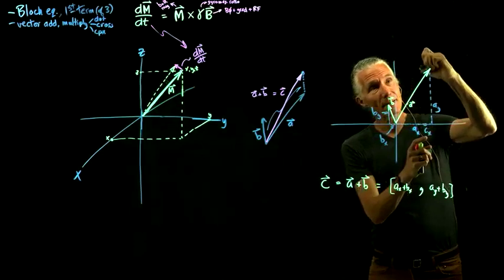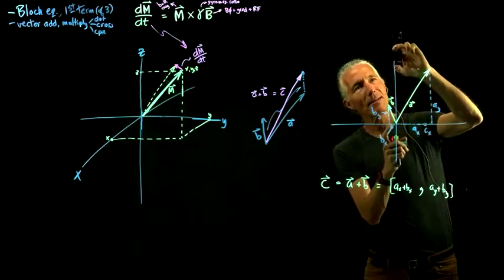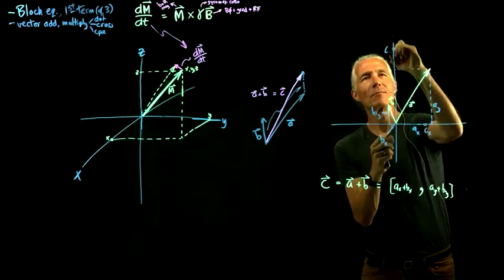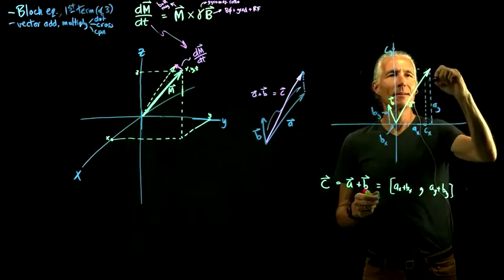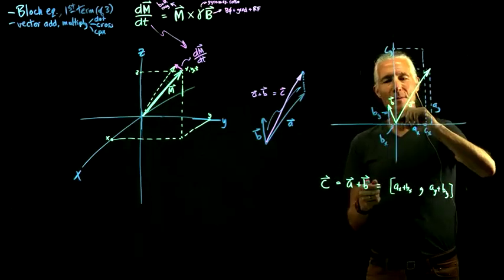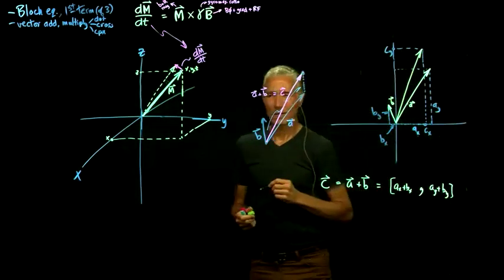The y is going over here, and here's another y, so tack that one on top, and we end up with this here, and that's CY. So that's the same thing as tip to tail, except that we did it with coordinates.